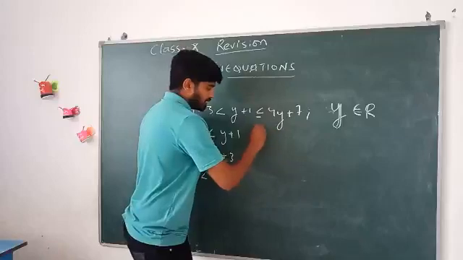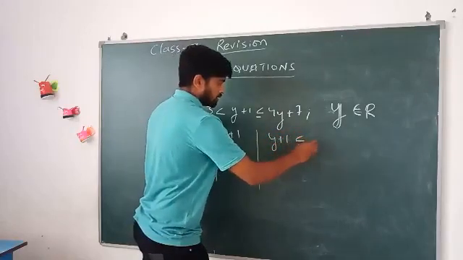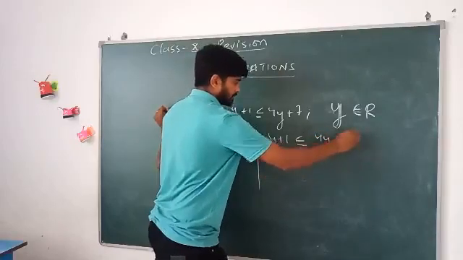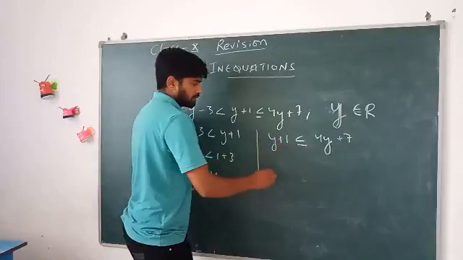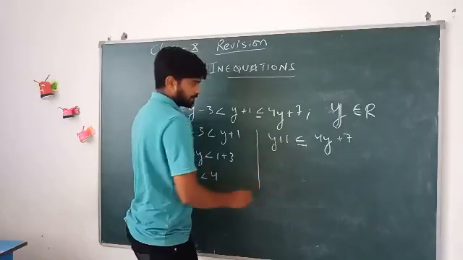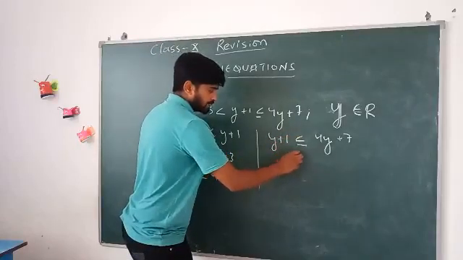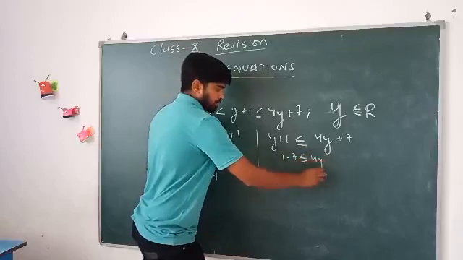And then I will take a different equation. y plus 1, 4y plus 7. Okay. And then what's going to happen is this. I'll check 1 minus 7, 4y minus y.